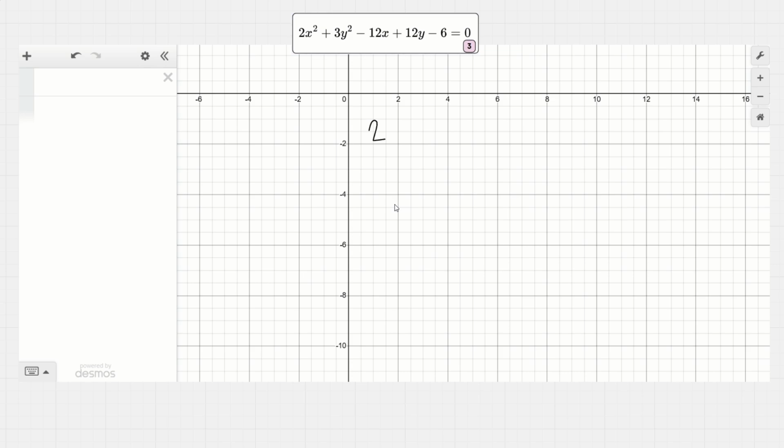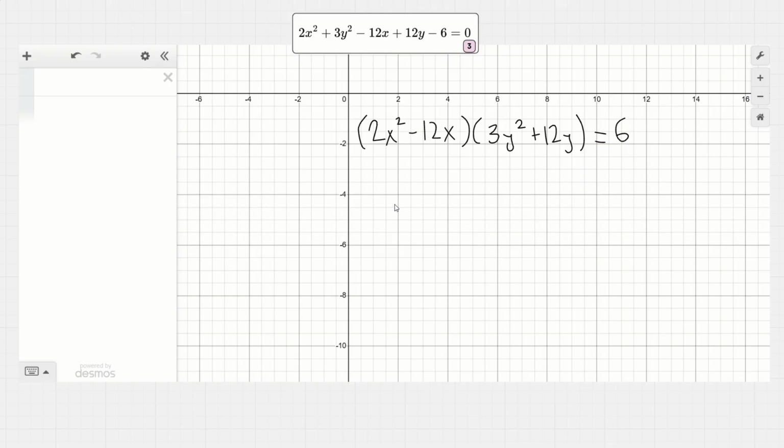So we have 2x squared minus 12x, and then we have 3y squared plus 12y, and then we can move the negative 6 to the other side. So it will be positive 6.